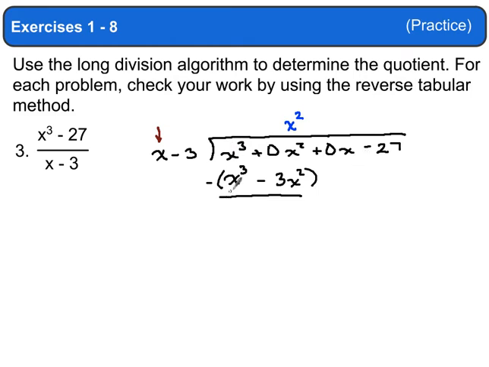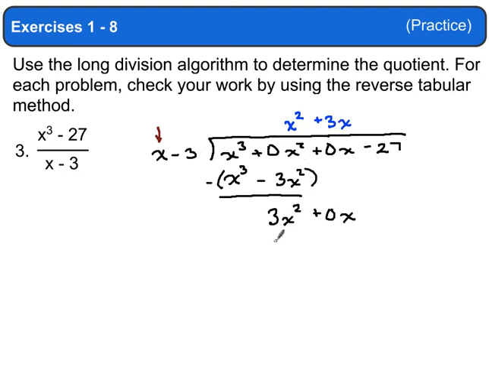This should cancel out. 0 minus negative 3 is going to give us 3x squared. We bring this one down, so we have a plus 0x. And then we're going to divide again. X goes into 3x squared 3x times. So positive 3x.